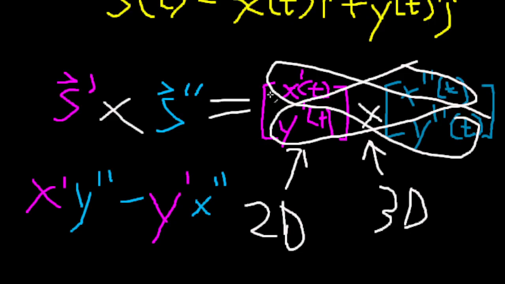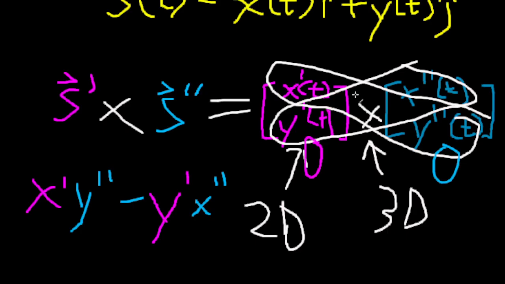So what's really going on here is that we're actually assuming a third dimension in this calculation, because let's imagine that you put a 0 down here and then a 0 down here. That would then make these vectors exist in a three-dimensional space.